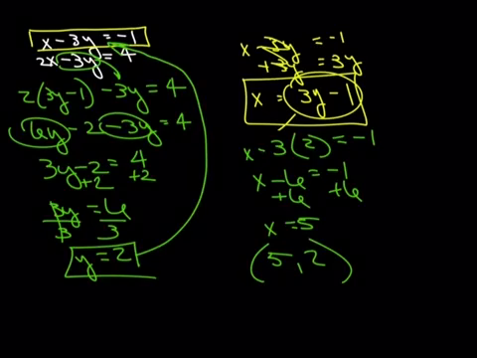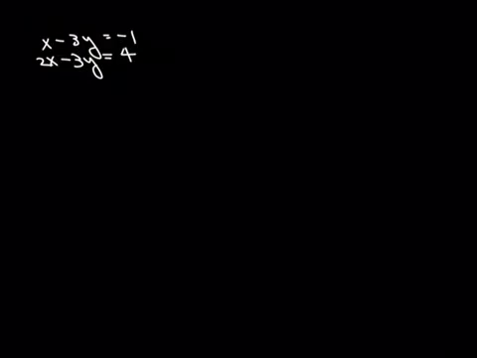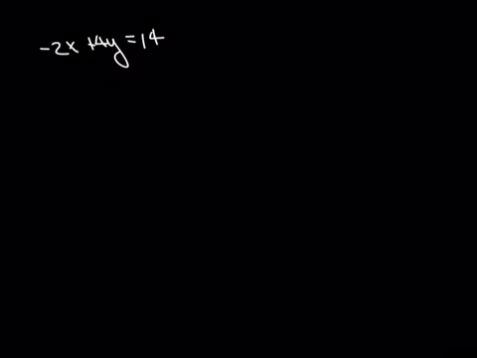All right, let's continue on. Let's look at example number 4. And same kind of idea. We've got a problem that you could use elimination with, but they said use substitution. So we will do that. Okay.